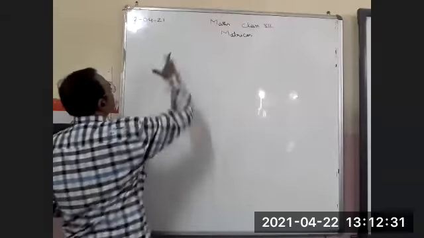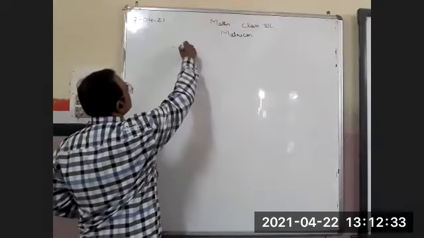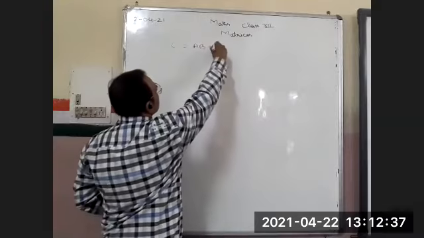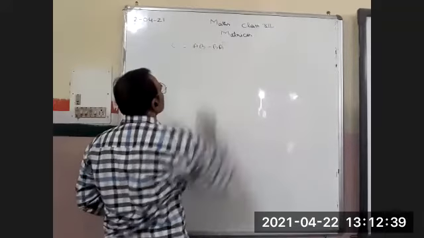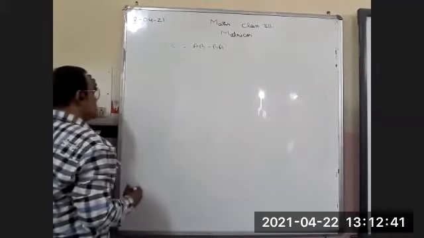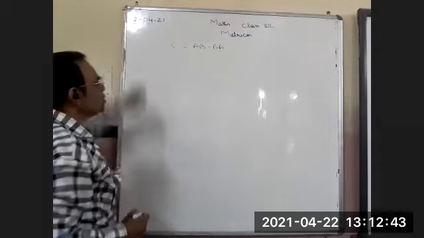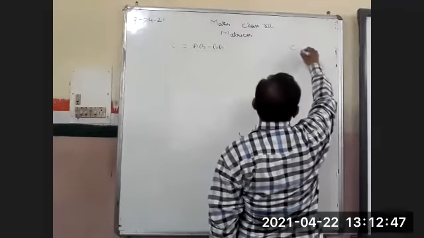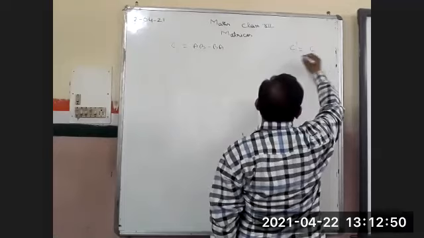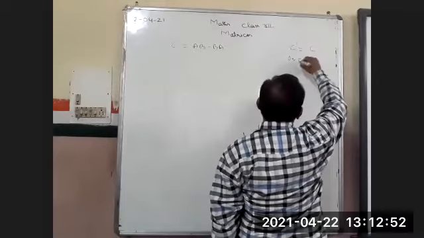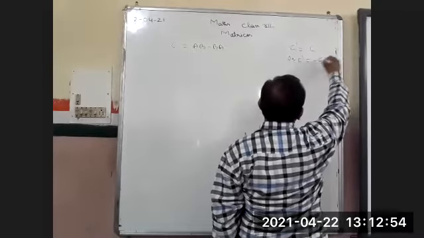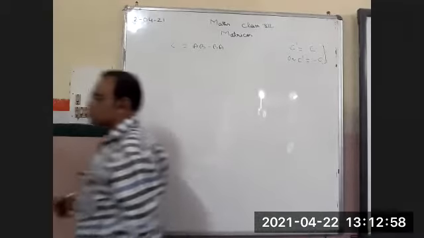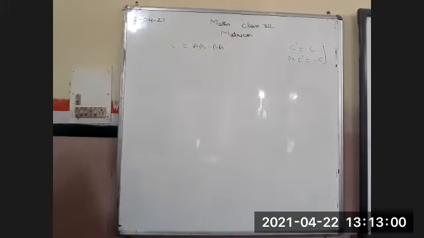Suppose this is a matrix C, AB minus BA. ठीक है? It will be symmetric or skew symmetric, to define that, if we take the transpose of C is equal to C, it is symmetric, and transpose of C equal to minus C, it is skew symmetric. ठीक है? You have to find out this one.